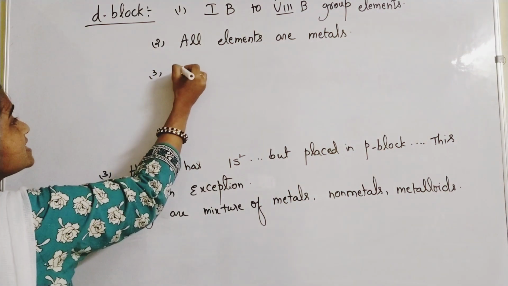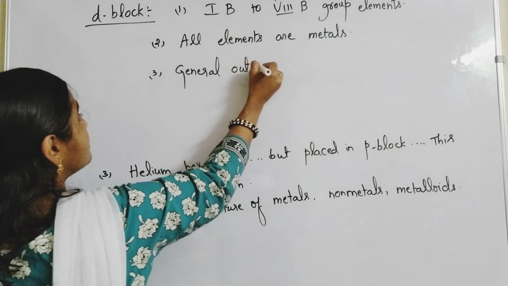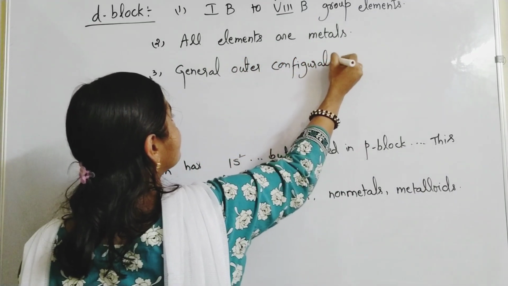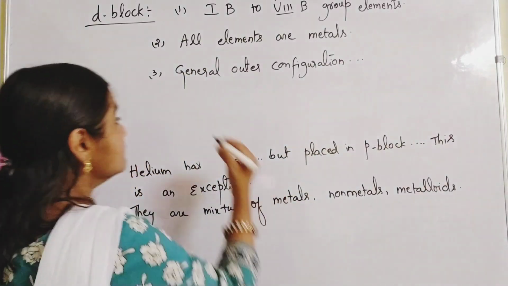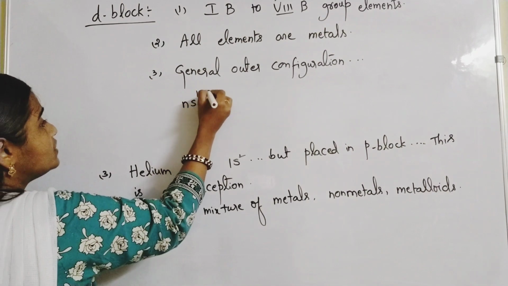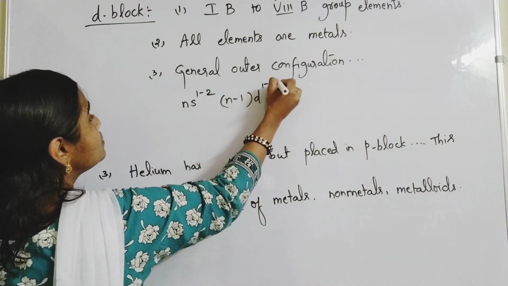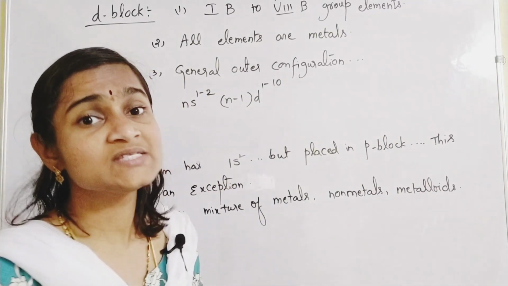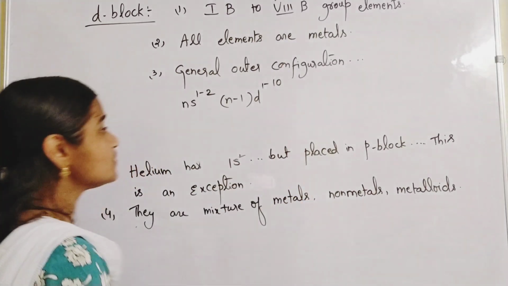And what is the general configuration? General outer configuration for D block elements is ns1 to 2, n minus 1 d1 to 10. Please remember this.